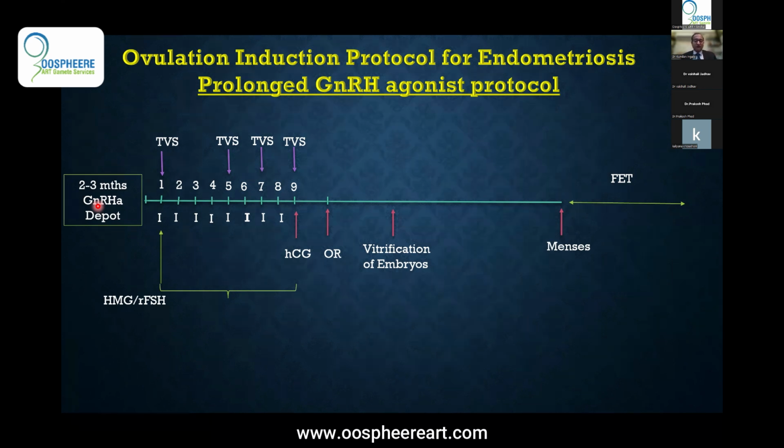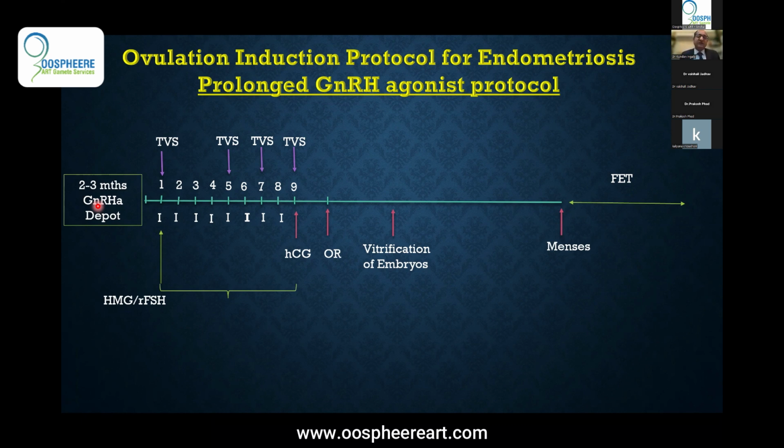Even endometriosis patients sometimes do have a larger number of antral follicles, and they will behave like hyper-responders. So be careful in such patients because you will have no choice other than giving hCG. If she responds too much and there is an OHSS risk, you have no choice but to give hCG, and the patient will have OHSS, and you have to manage with preventive strategies and therapeutic strategies of OHSS. So be careful.